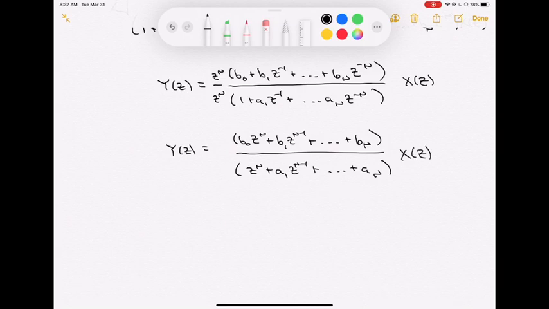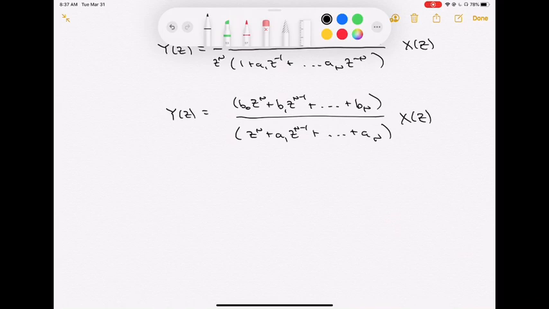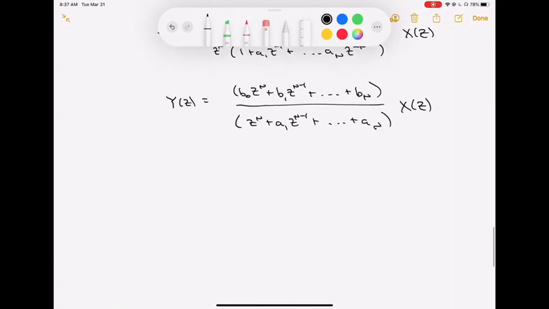You'll notice the numerator here, the b0 z to the n all the way down to b_n, that's just my P polynomial, where I've replaced the operator e with z, and the denominator we recognize as that Q polynomial. So what do I get? I get Y of z equals P of z over Q of z, times X of z. And what were we doing?